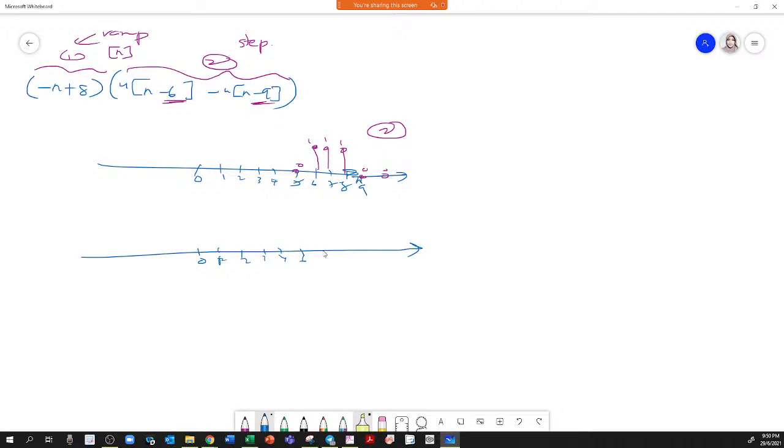If you have at home your younger siblings' notebook for mathematics, it has boxes there, so you can just use that. Easy for you to plot everything. So for minus n plus 8, if you cannot grasp what it is, just imagine that this is mx plus y. So what is the value?